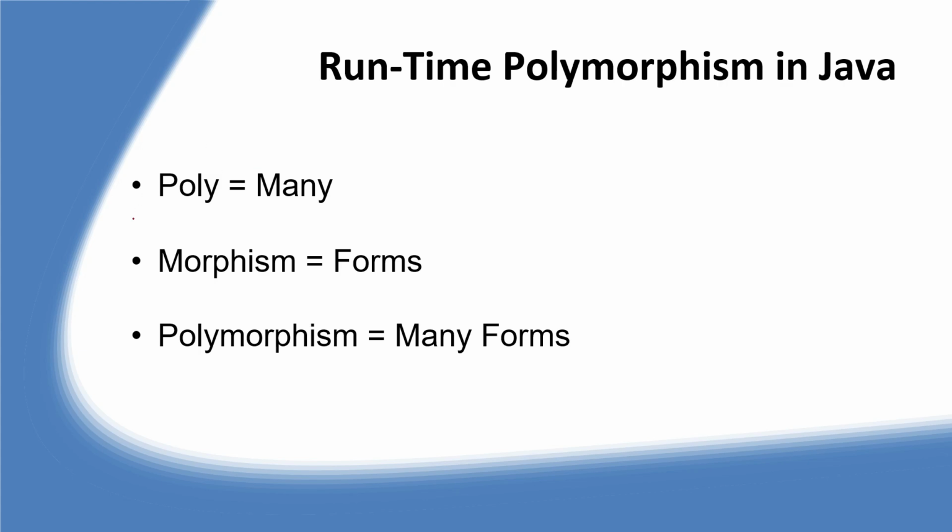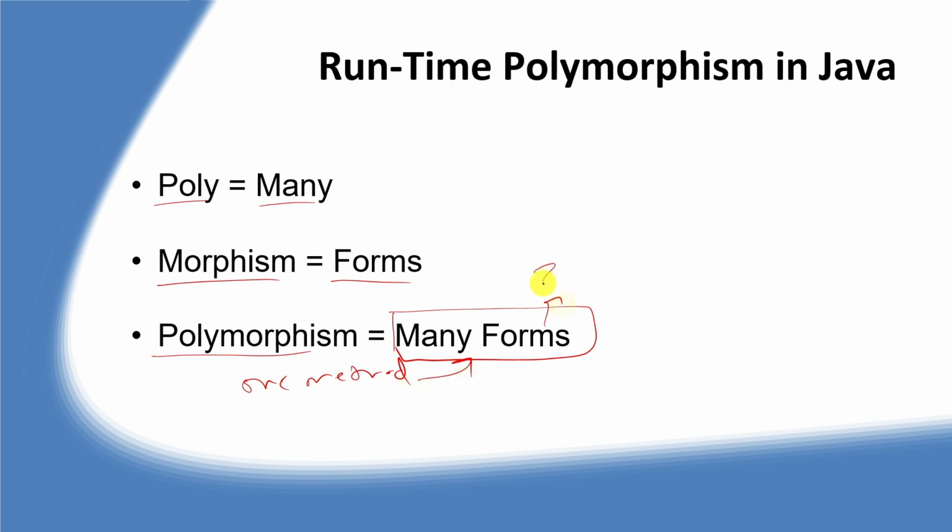So as we already know, poly means many, morphism means form. So polymorphism means many forms. And we have seen one method with many forms. Forms means implementations. Implementation means definition.